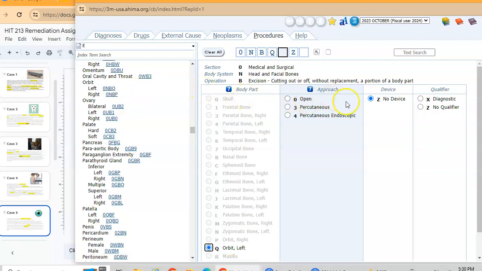We are going to select open, and then we are going to select Z because it was not only diagnostic, but it was also therapeutic. So this gives us our code of 0NBQ0ZZ.